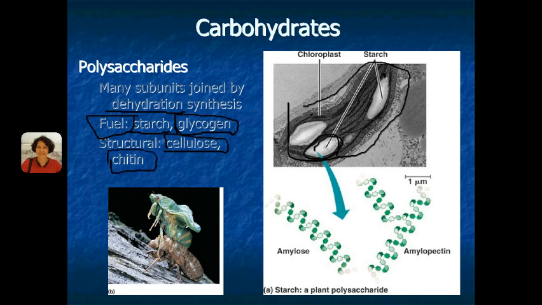Chitin is a carbohydrate that has some other groups added to it, so it has some substitutions, and it forms the major part of the exoskeleton of insects. In the picture we see a cicada coming out of its pupa, and this brown structure here is mostly chitin. There is also chitin in the insect that is emerging, and later that hardens and it becomes the regular protective structure for the insect.